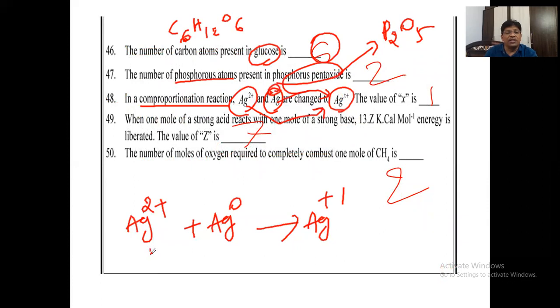That means in a comproportionation reaction, Ag with plus 2 will go to Ag plus. 2 Ag plus will form. 1 Ag plus 2 will go to 1 Ag plus 1, and 1 Ag 0 goes to 1 Ag plus 1.